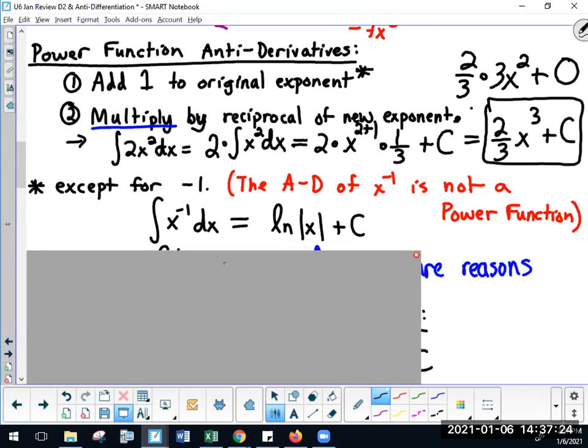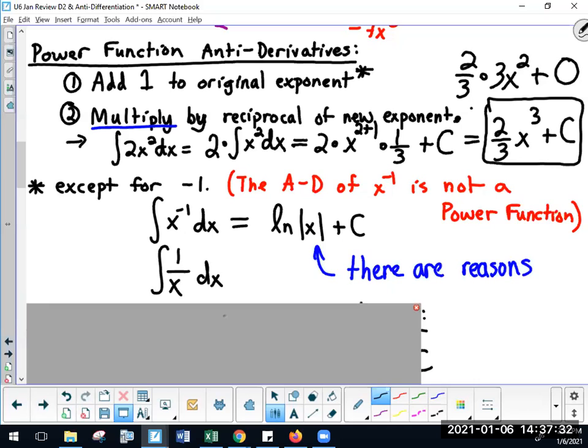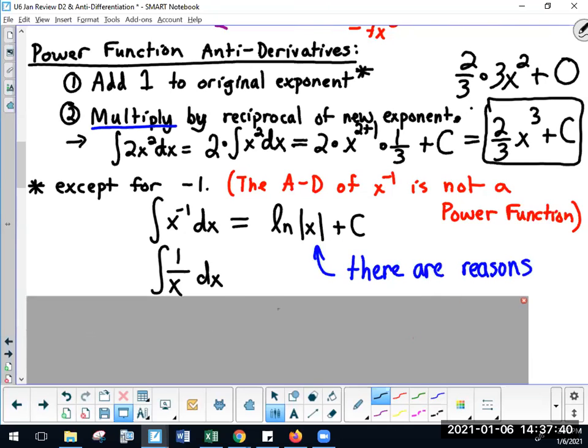This is the technique that we will do if we are presented with the power function x to the -1. We will say that an antiderivative of x to the -1st power with respect to x, the dx, equals natural log of the absolute value of x plus c.